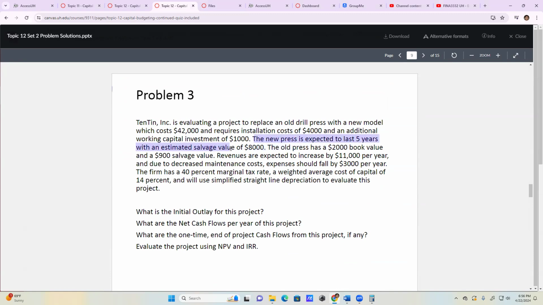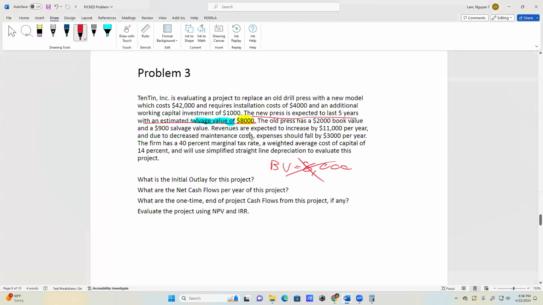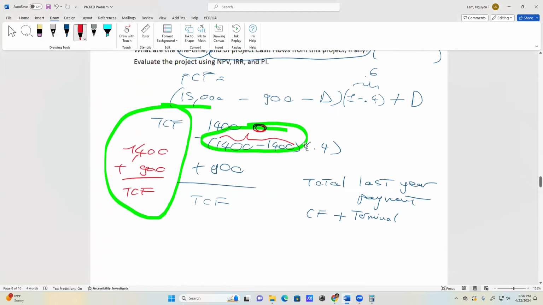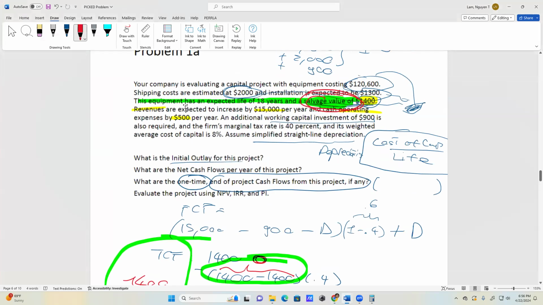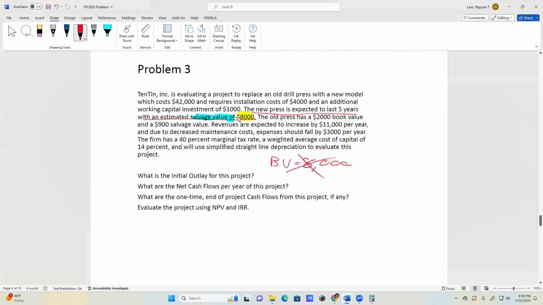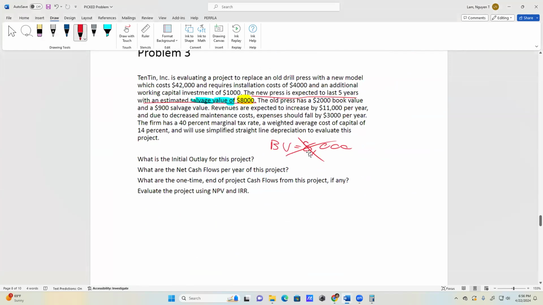Expected to last 5 years. And this one is expected life. Okay, I think that is the final piece we have to figure out. I will try to figure it out as soon as possible and update you guys on the terminal cash flow.